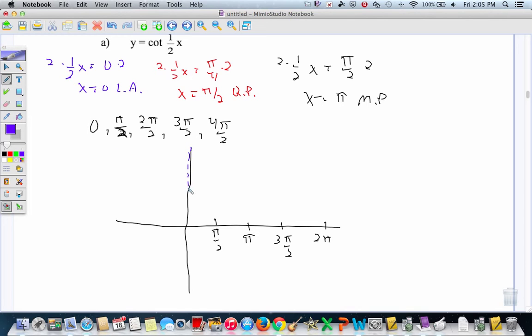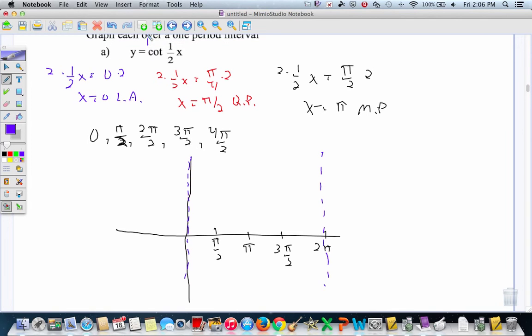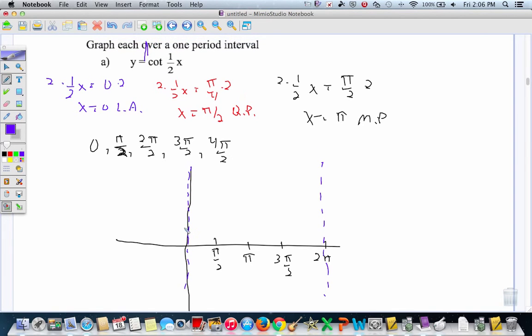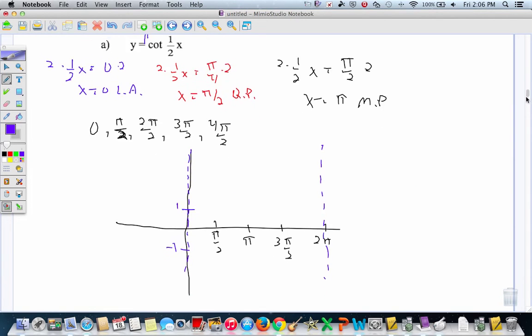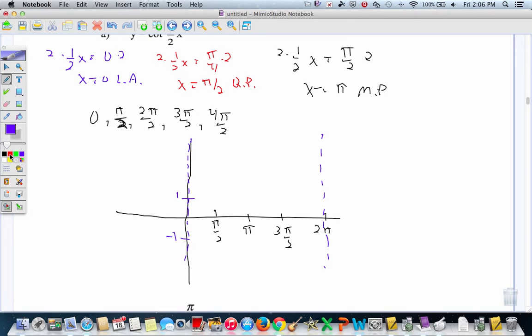We'll go ahead and start with our asymptote lines right here and right here. Noting that our cotangent up here has an amplitude of 1, so I'll just mark 1 and -1 on here. That will help me with the sketching of my graph.